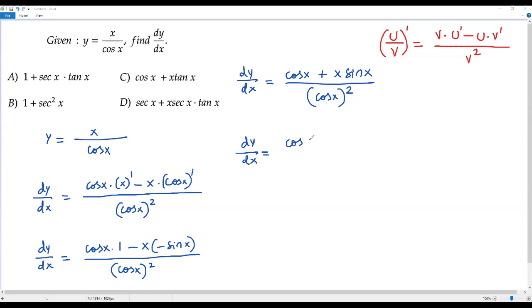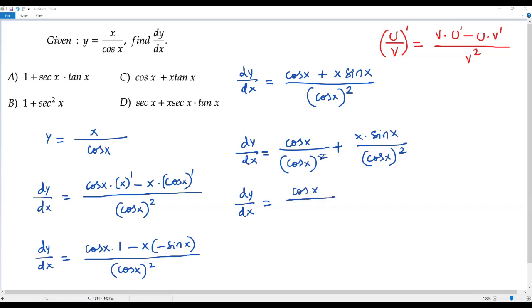Then I get cosine x over cosine x the whole squared plus x times sin x over cosine x the whole squared. In my next step, cosine x over cosine x the whole squared can be written as cosine x over cosine x times cosine x, and we can split up the second fraction as x times 1 over cosine x times sin x over cosine x.